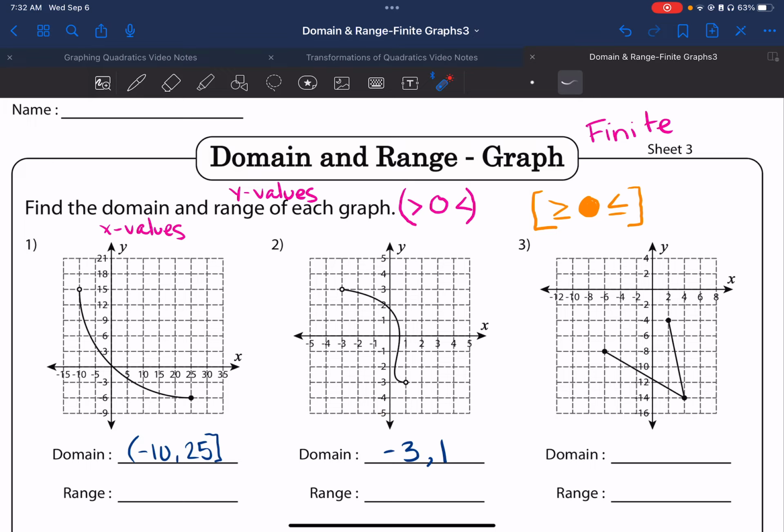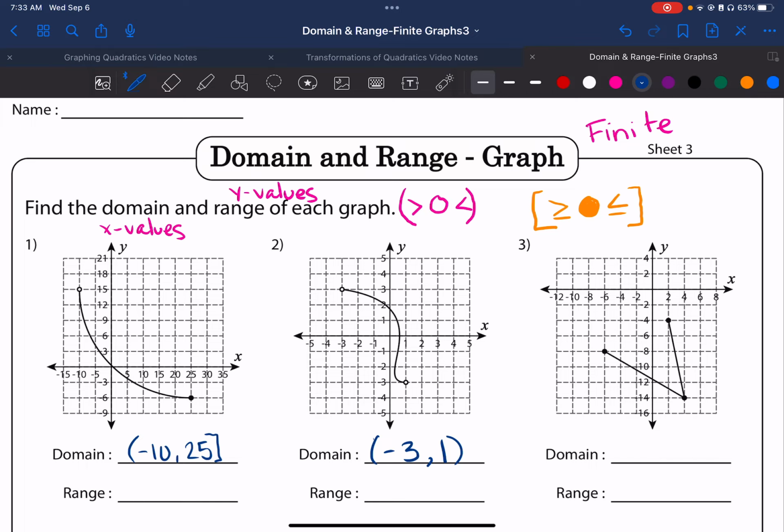At both of these endpoints, we have open circles, so we're going to use parentheses on both sides. Our domain is all of the x values that live between -3 and 1, not including those two endpoints. That open circle means that -3 and 1 are not included in the domain, but everything up until that point is.